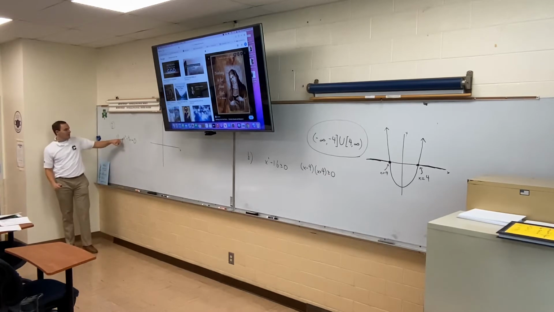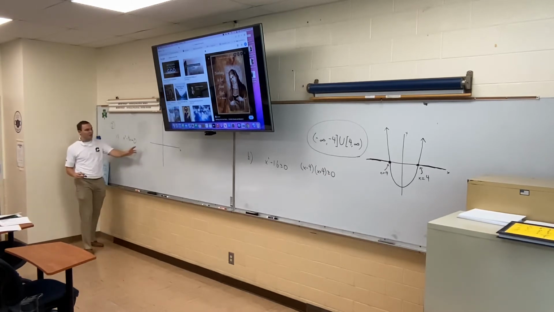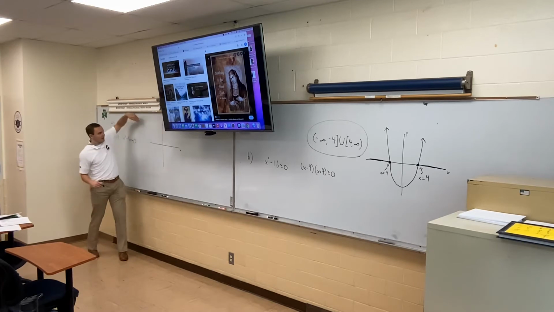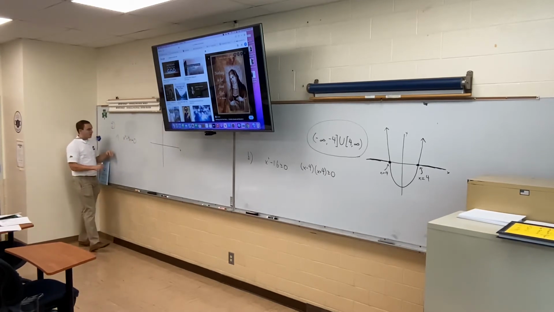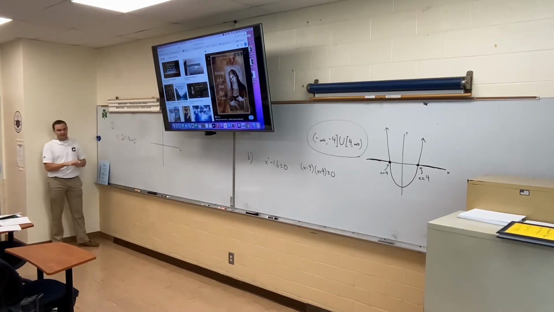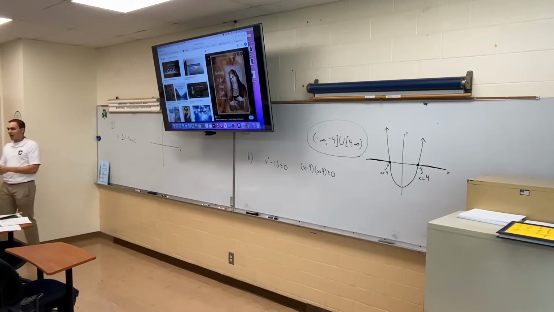Okay, so how do we know whether we start at negative infinity or positive infinity? The coefficient of the highest degree term, of this x cubed term, is it positive or negative? Positive, right?